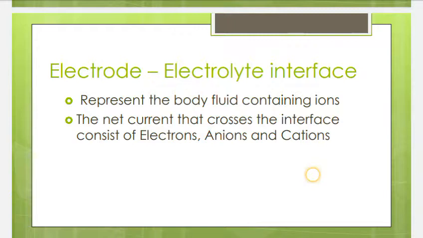These electrons and anions will move in the direction opposite to that of the current in the electrolyte, and the cations will move in the same direction as the current. Have you understood the electrode to electrolyte interface? Okay.